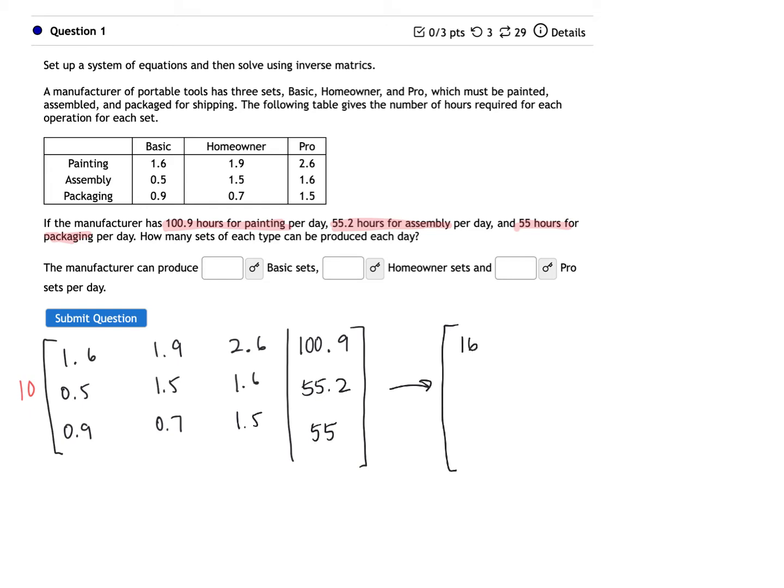So that'll transform this matrix into 16, 19, 26, 1009, and then the second row will be 5, 15, 16, and 552, and then the third row is 9, 7, 15, and 550.